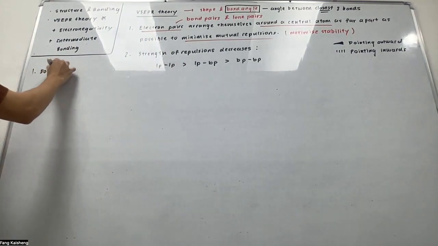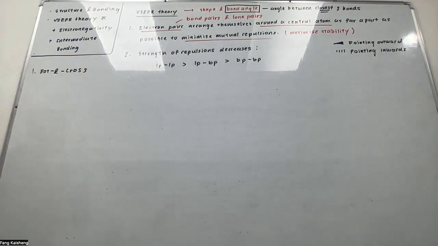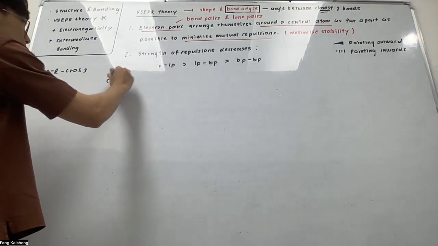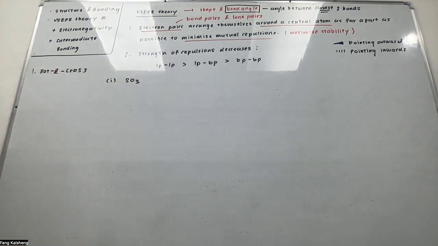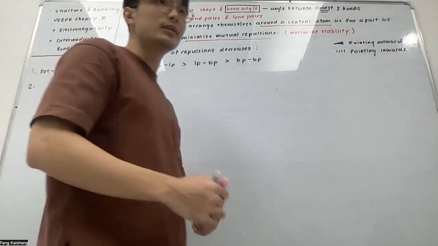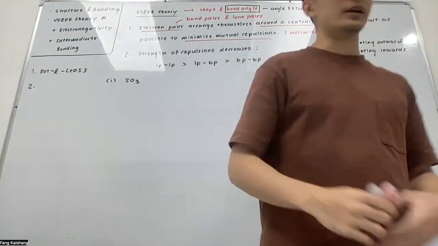If you don't know how to draw dot and cross, I'm sorry, for VSEPR there's no chance. So number 1, for SO3, go ahead and draw the dot and cross diagram first. Then I'll tell you what the other steps are in a bit.